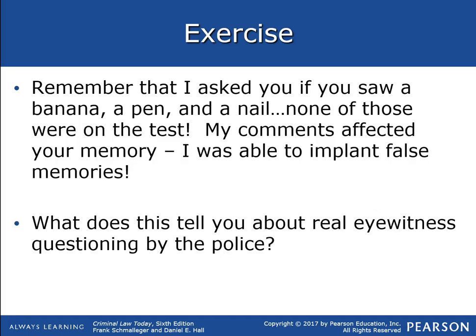If you go to the very first slide, and I'll back up the slide in a second, I asked you if you saw a banana, a pin, and a nail. None of those were on the test. If you wrote down those things, they affected your memory because I kind of implanted false memories. And then again, what does that tell you about real eyewitness questioning by police?